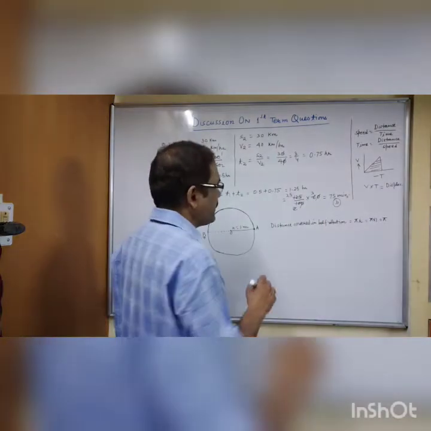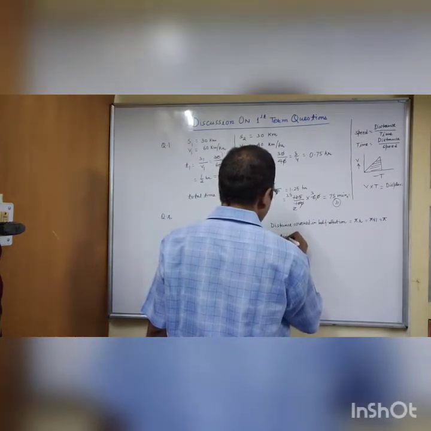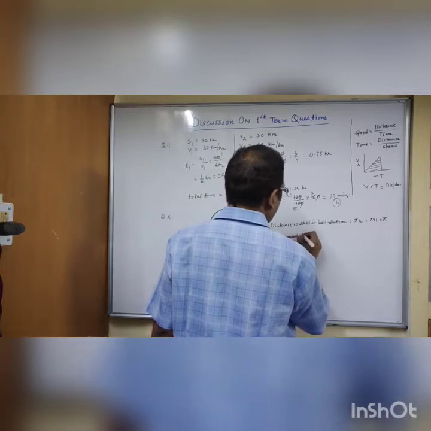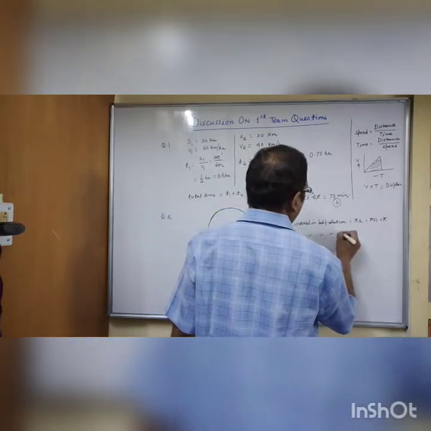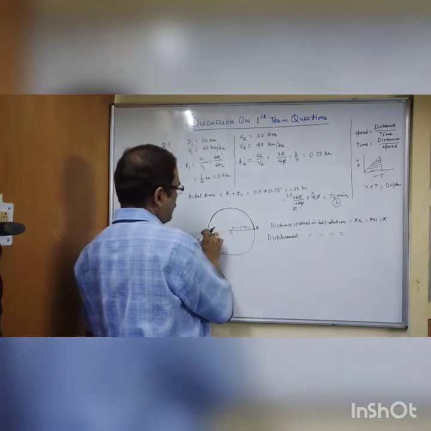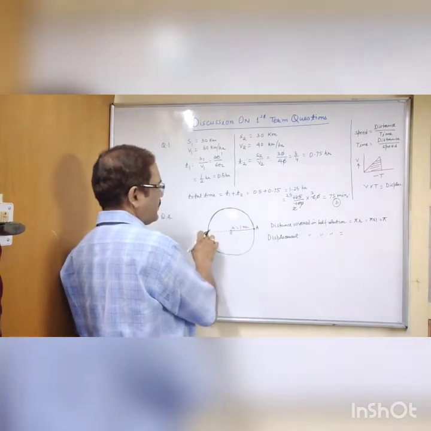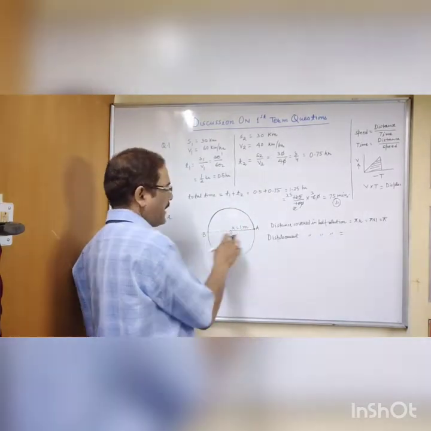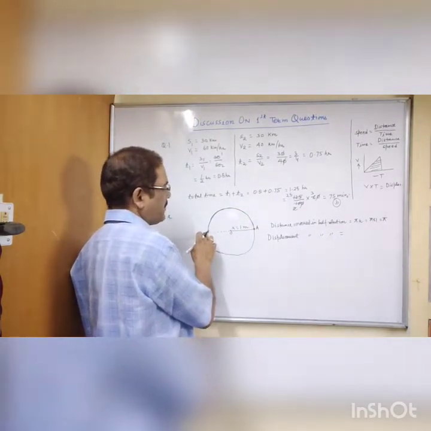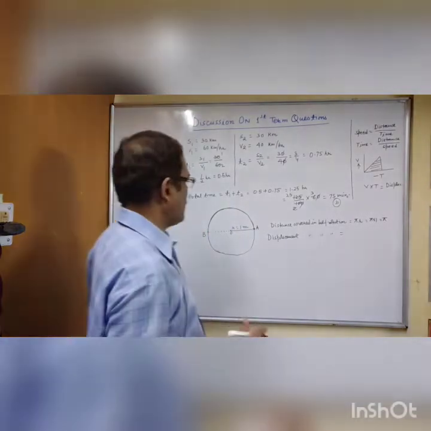Now displacement. Similarly, displacement in half rotation will be simply A to B, the straight line distance between the initial and final position. The initial position is A and the final position is B, so this AB distance is the displacement.